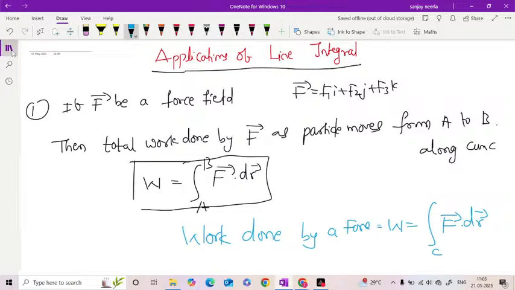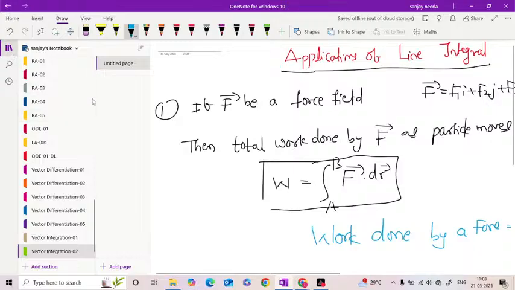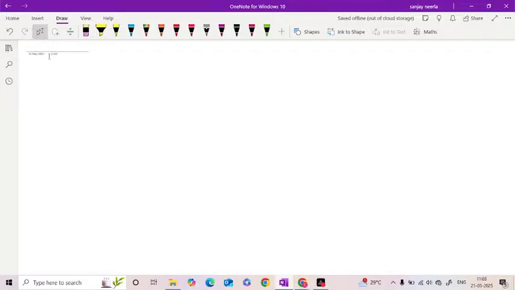Okay. Now what is the second application? So this is the first application, and the second application, number 2.